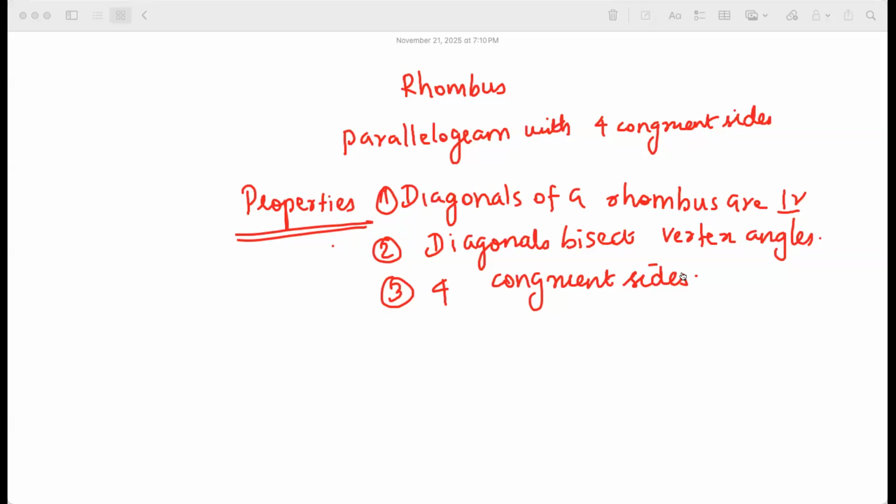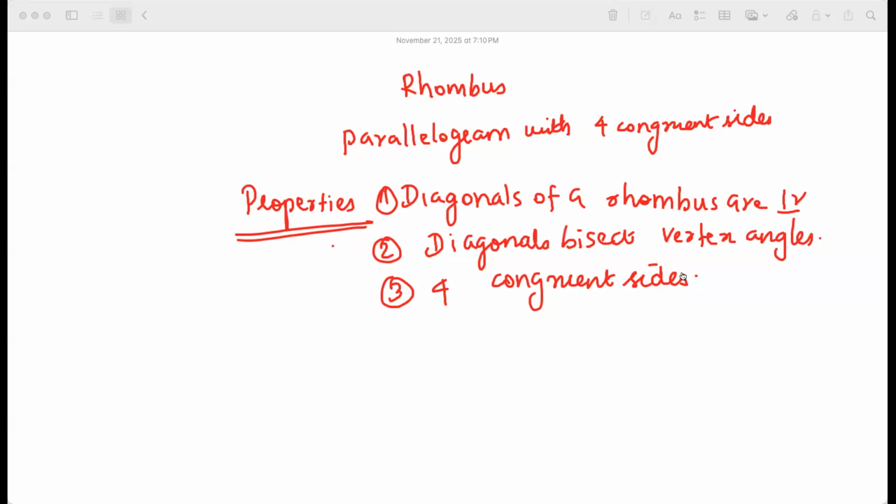So for a rhombus, diagonals bisect each other and are perpendicular. Makes sense? Diagonals not only bisect each other but are also perpendicular. Can I go ahead? Yes. Okay, that's an important one, guys.